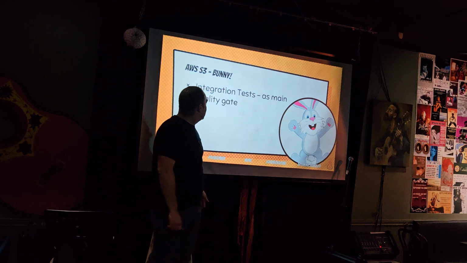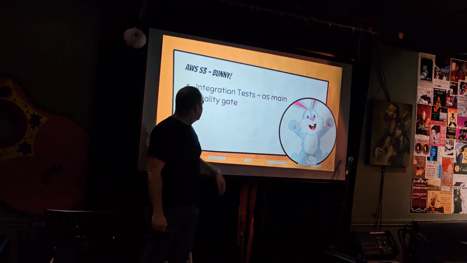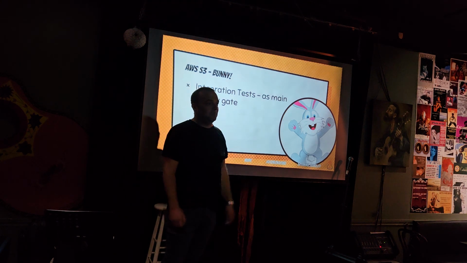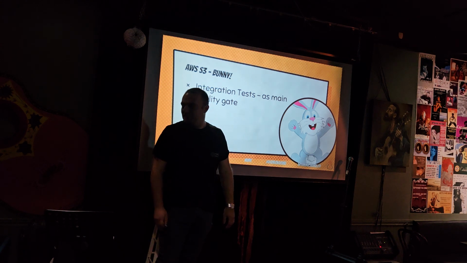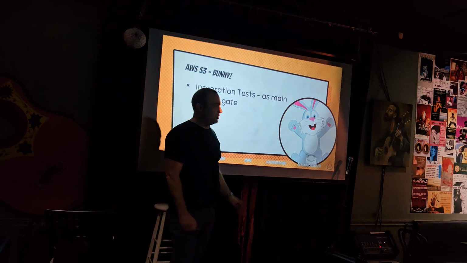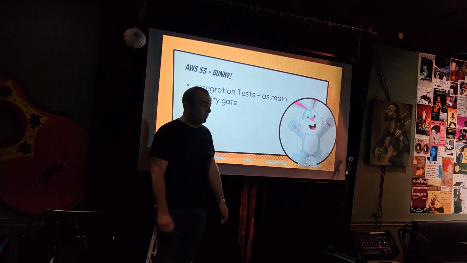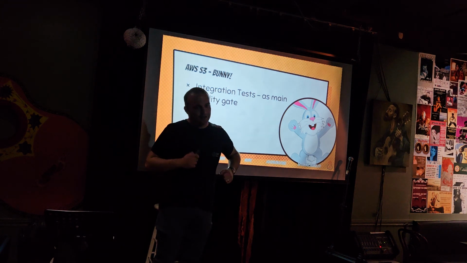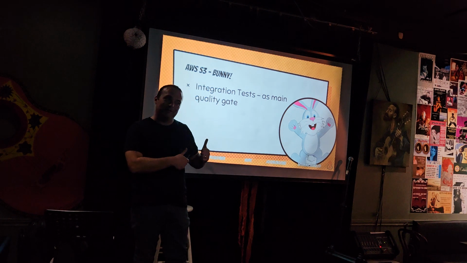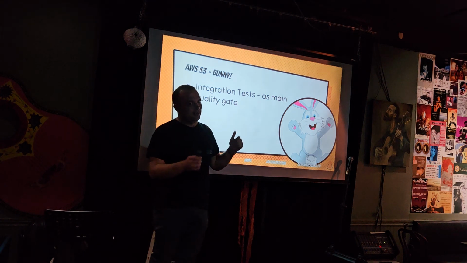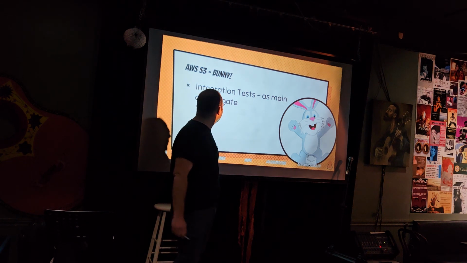How do they make us pay attention? Integration tests were the main quality gate. They said, we're going to put a picture of a bunny on those monitors in addition to the status of our tests. The bunny would be happy-go-lucky, excited. If 80% of the tests are passing, the bunny is happy. Carry on, do your thing.